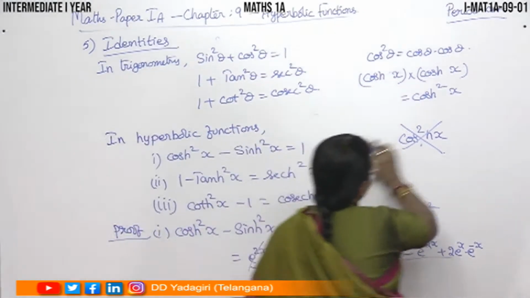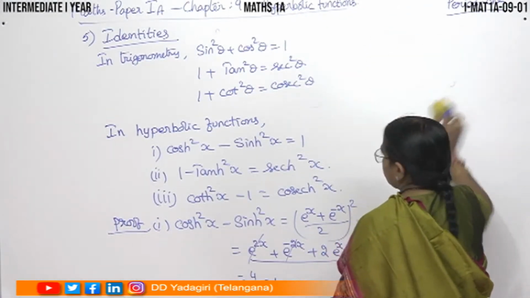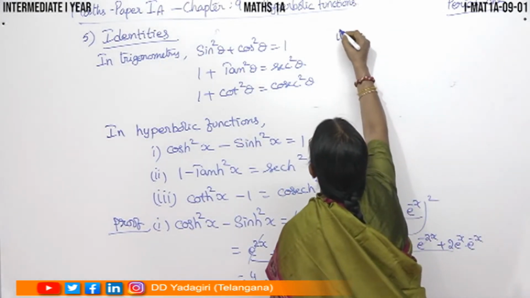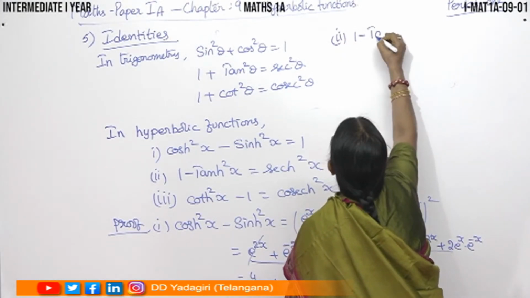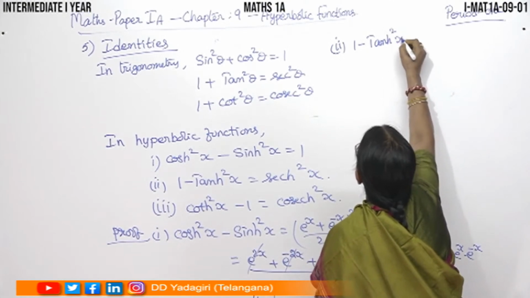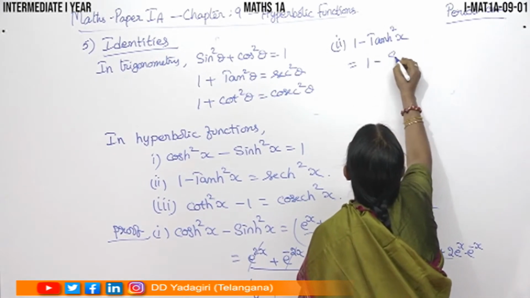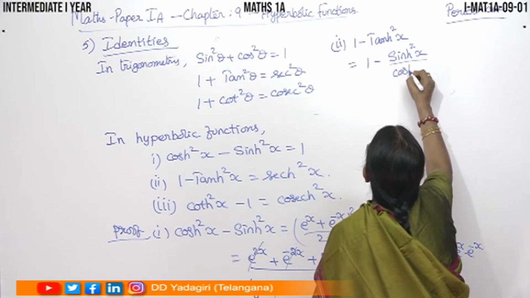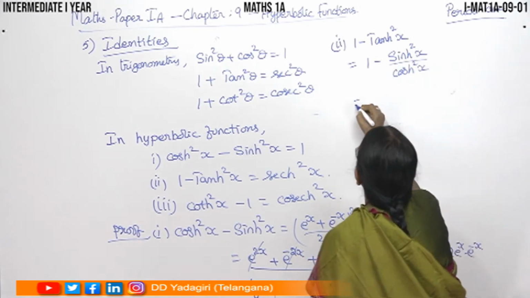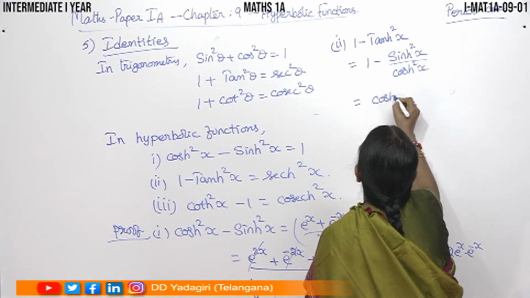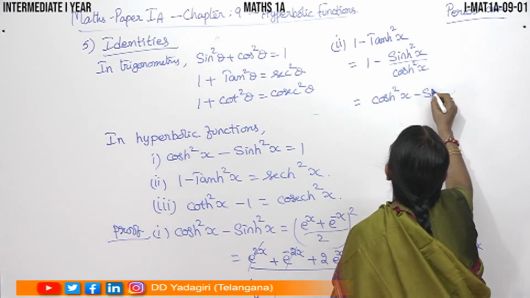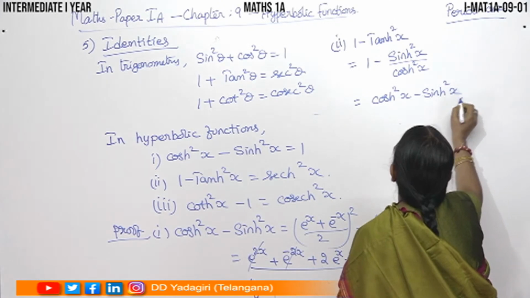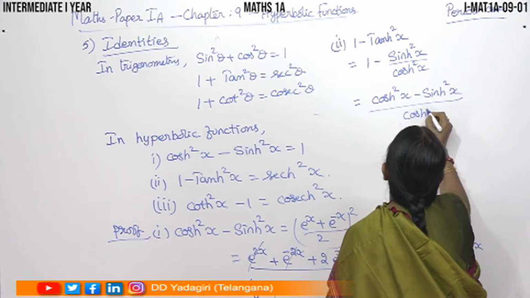Now to prove the second one, it will just take 1 minute. See, the second one we will write like this. 1 minus tanh square x we will write as 1 minus sinh square x by cosh square x. So take LCM: cosh square x minus sinh square x by cosh square x.